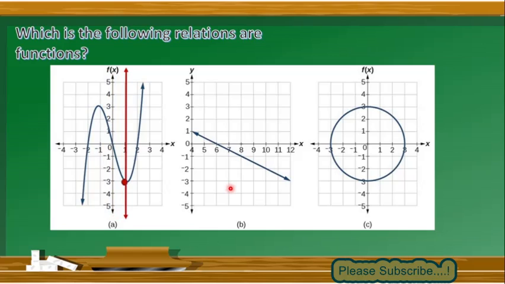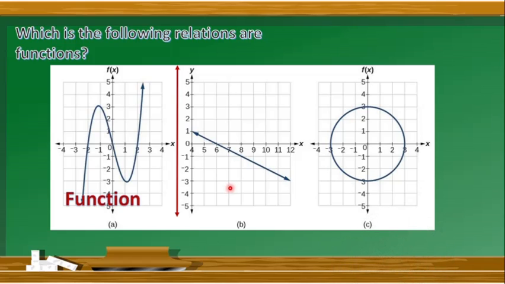So this is a function. Next graph. If I move the vertical line, there it only touches once. If I move it forward, it still touches once. So this is an example of a function graph.